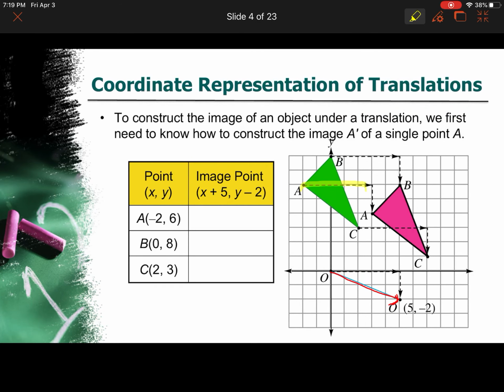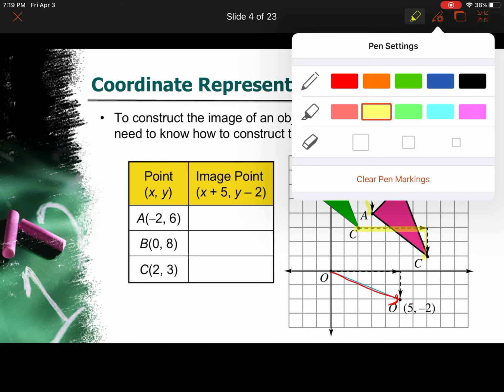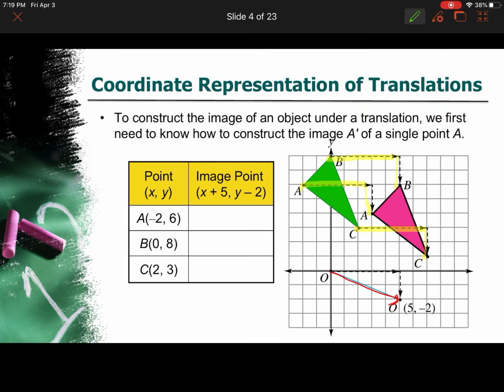So A is going to go over 5 down 2. B is going to go over 5 down 2. C is going to go over 5 down 2. All right, so the image of A, when it goes over 5 down 2, now is 3, 1, 2, 3, 4.